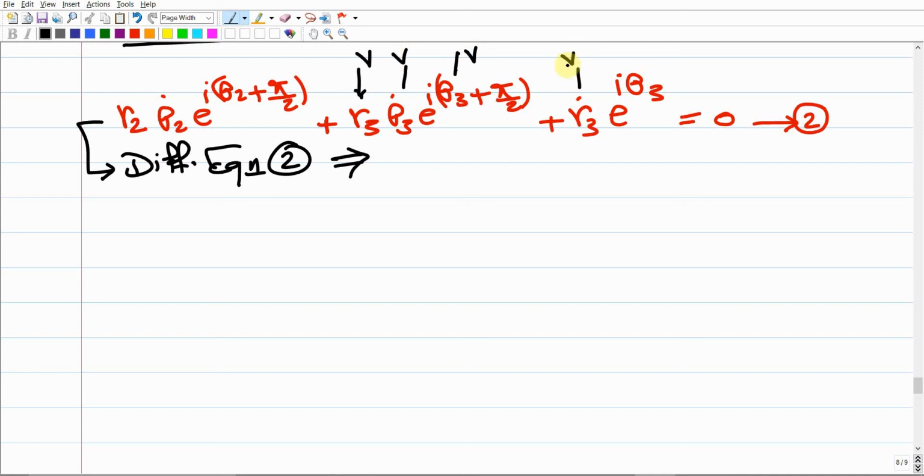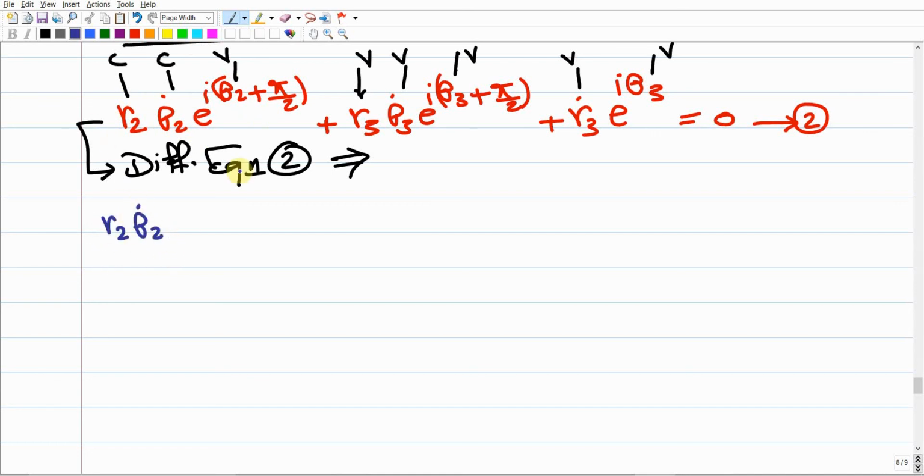Here we also have V2 variable, but these two are constants. Make sense? Because the length 2 is already rotating, so when we do the derivative here, these two will be just constant as a common factor.